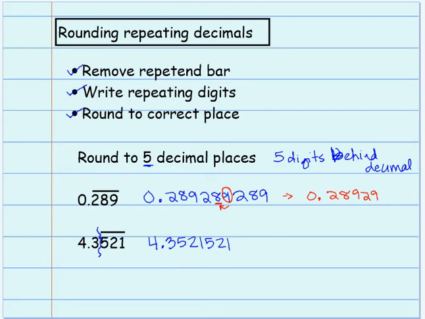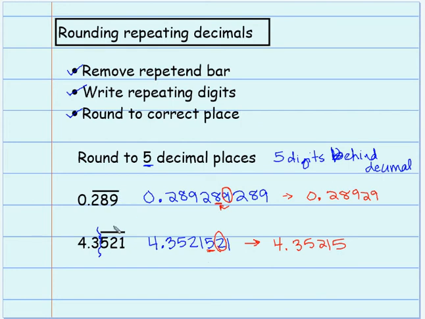So I need 5 decimal places, remember. 1, 2, 3, 4, 5. So the 5, will that stay a 5 or bump up because of the 2? 2 is less than 5, so our number will stay a 5. So this will become 4.35215.